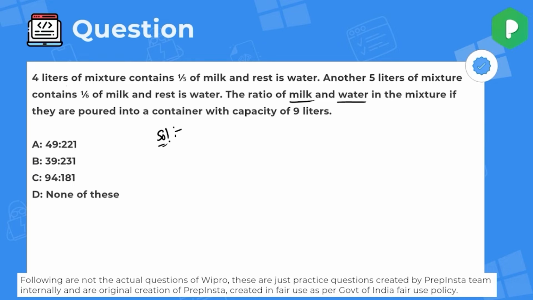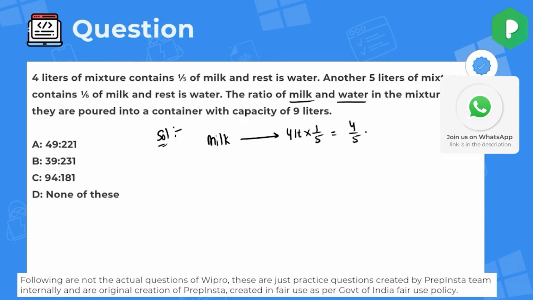Let's look at the solution now. How we will do is nothing but 4 liters of mixture contains 1/5 of the milk and rest is water. Tell me what is the quantity of the milk in the first liquid: it is nothing but 1/5 of the 4 liters, right? So 4 liters into 1/5, which is equal to 4/5 liters, is the quantity of the milk in the first mixture. And the rest is nothing but water, right?